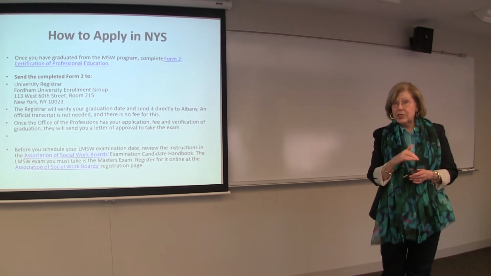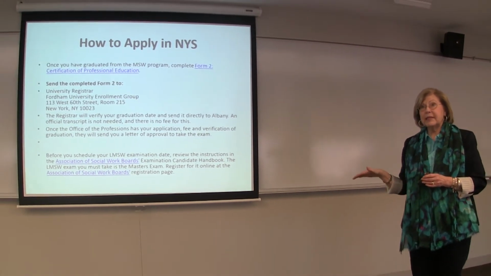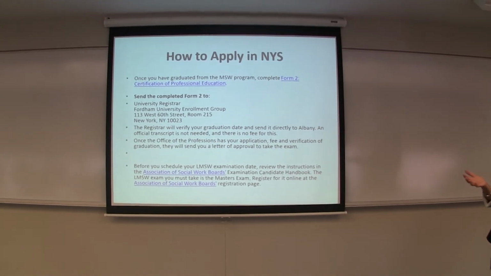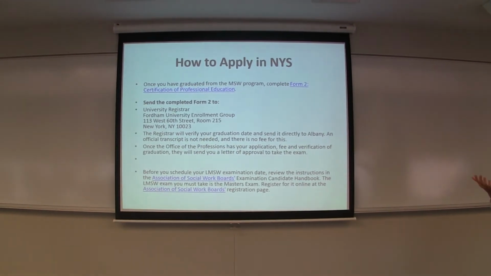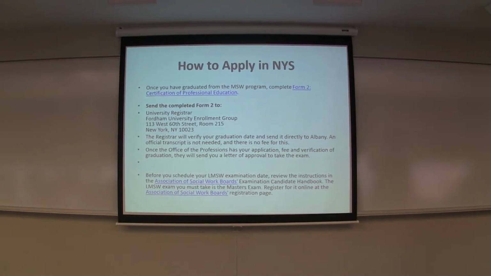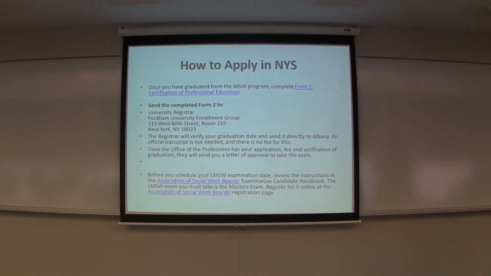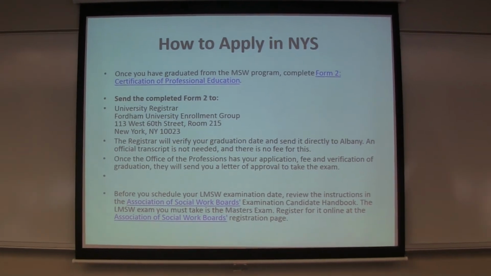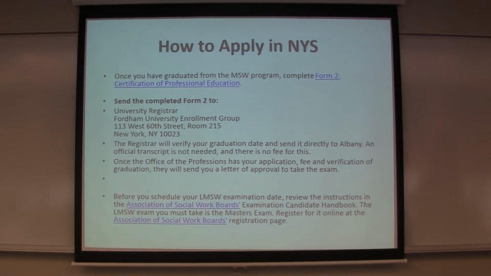Once you have graduated in New York State, you can complete that before graduation if you want. It doesn't get you through the door earlier, but you can start getting everything together. Once you have actually had a conferred diploma and you have graduated. So what that means for you here at Fordham is this.